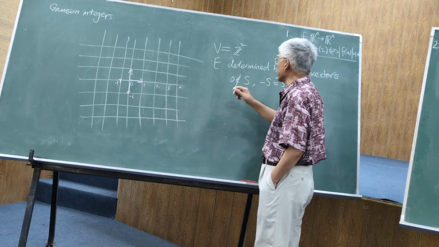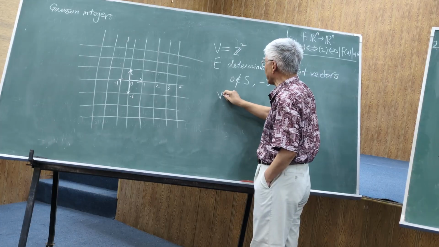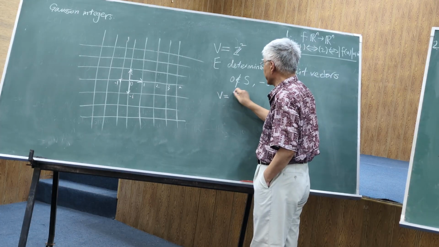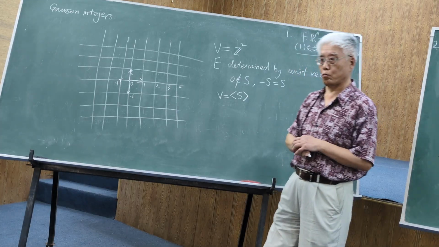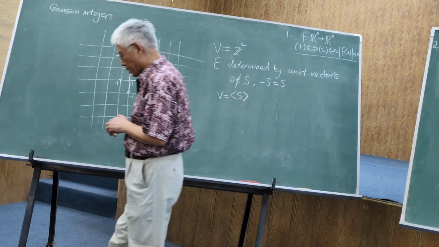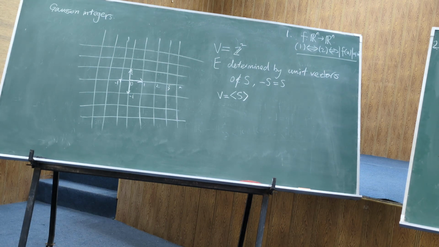The first condition is that V is generated by X. So this is a finitely generated additive abelian group with respect to addition. And it is a ring; there is also multiplication. Now this is a metric space.